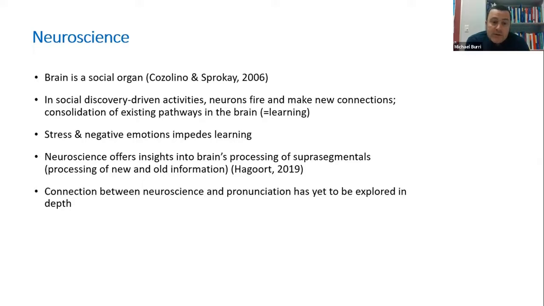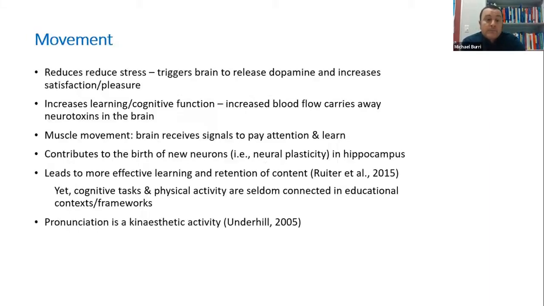From a pronunciation point of view, neuroscience offers interesting insights into how the brain processes suprasegmentals, prosody, like how the brain processes new and old information. And if you know what prominence is, we use prominence in English to communicate meaning. And from a neuroscientific point of view, this is very relevant. But the connection between neuroscience and pronunciation is really not a whole lot discussed in our field. That's a shortcoming. Next slide.